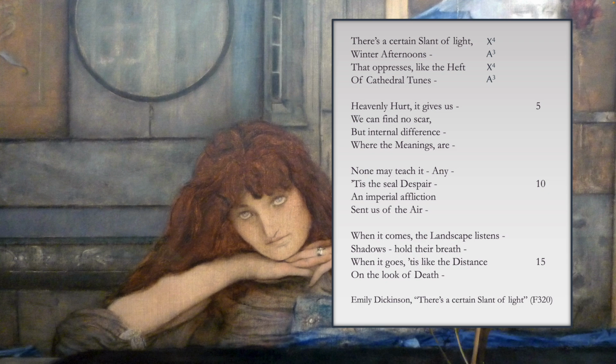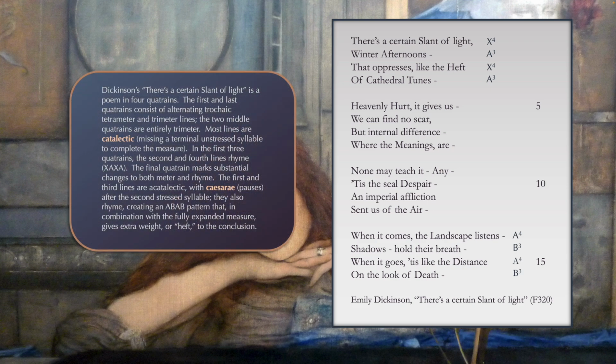The last quatrain looks a little different from the first quatrain. It has two more rhymes. It has a B rhyme now, the second and fourth lines, but they are, again, alternating lines of tetrameter and trimeter.